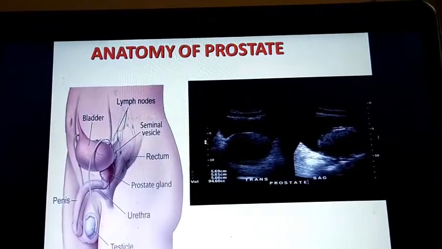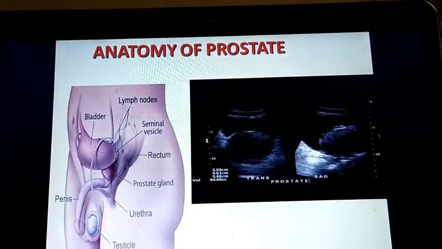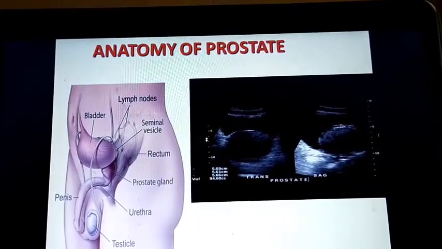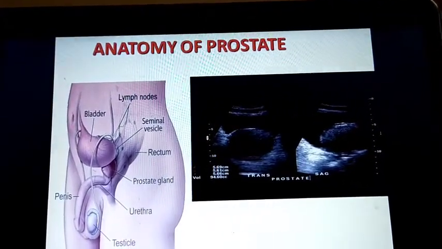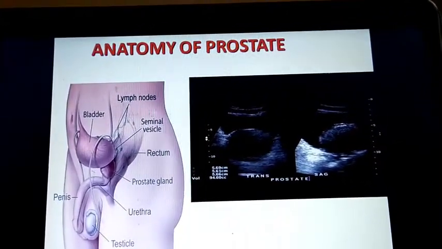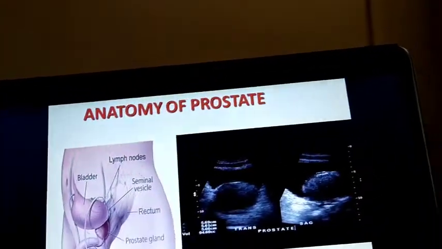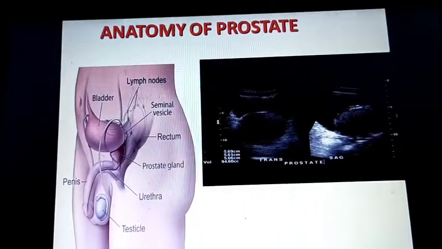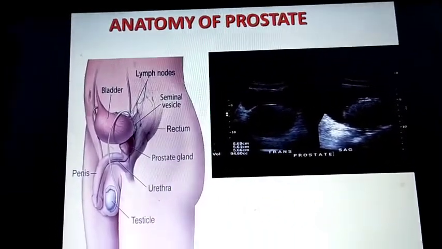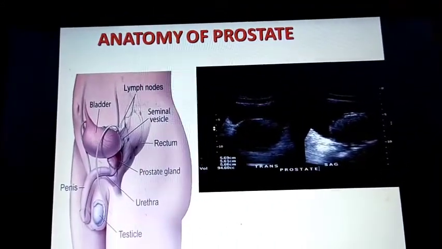And this neutralization of the acidity of the vaginal tract also helps in prolonging the lifespan of a sperm in the vaginal tract or in the uterus. Okay, this is a very important fluid.